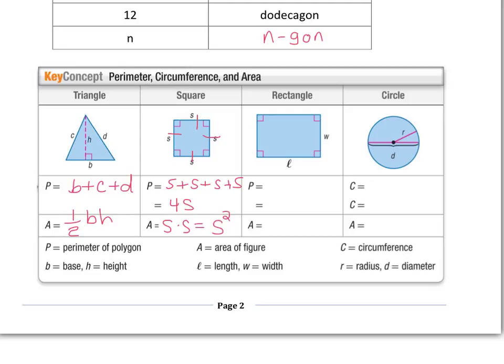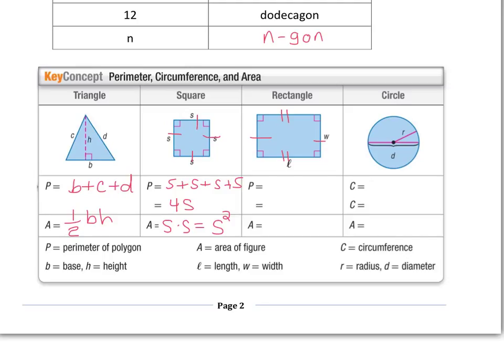Okay, now let's look at a rectangle. A rectangle is also a quadrilateral, but all 4 sides are not congruent, but we do have 2 pairs of opposite sides that are congruent. So I'm going to mark it that way. Like a square, all of the angles interior to the polygon are 90 degrees, or right angles.